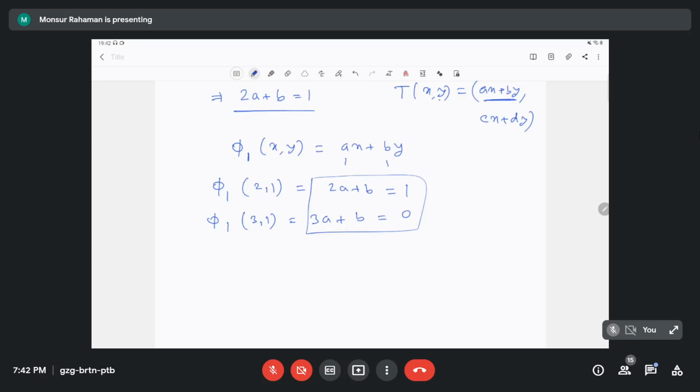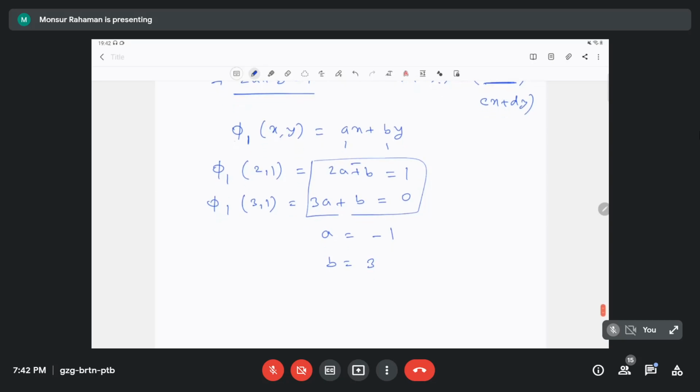So here a is equal to -1. a is -1, so what will b be? b is equal to 3.